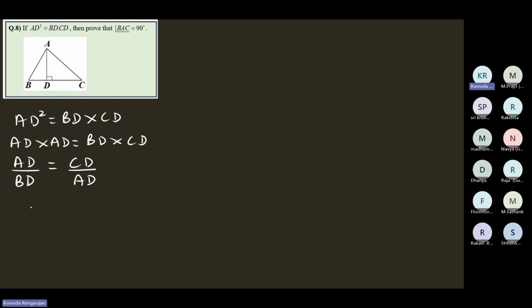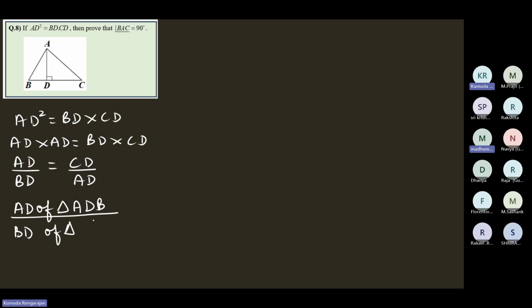Now let's make it more clear. AD of triangle ADB or ADC, because it's common to both. So AD of triangle ADB divided by BD of triangle ADB.